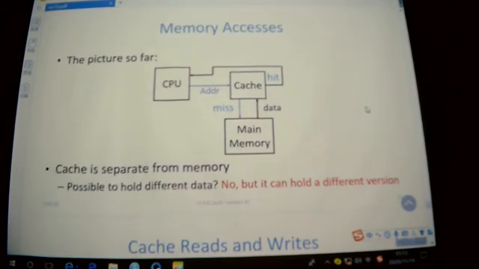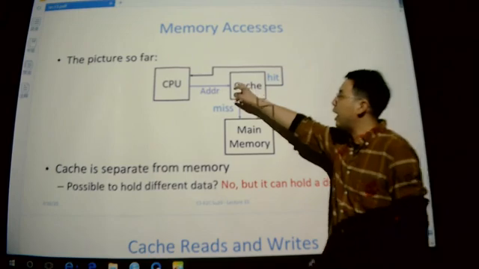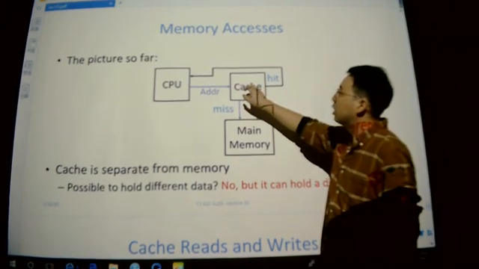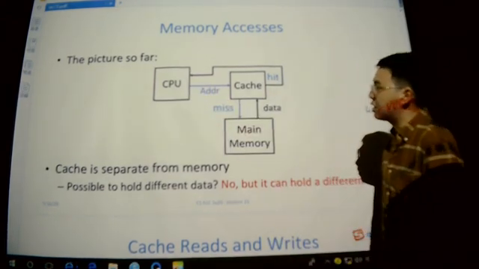Okay, memory accesses. We can try to imagine CPU, cache, main memory. This is the address and data. If we have a hit, we use the cache to return the data to the CPU.